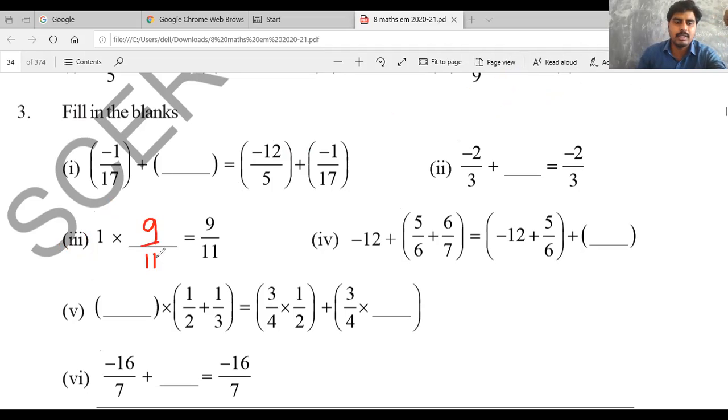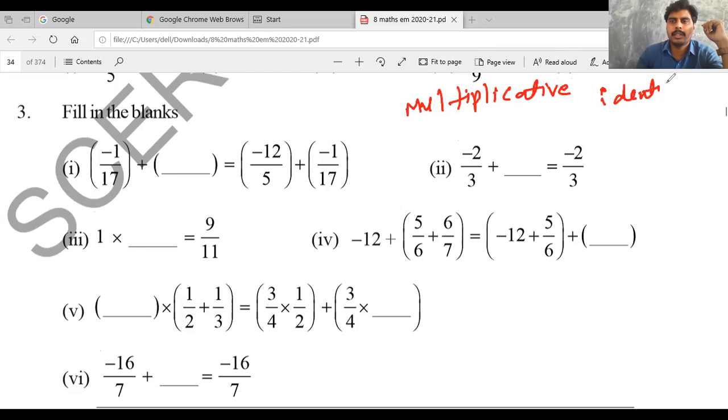That is 9 by 11. Okay, let me know what is the property name here. Multiplicative identity. The third one is the multiplicative identity, which is nothing but 9 by 11 only here.